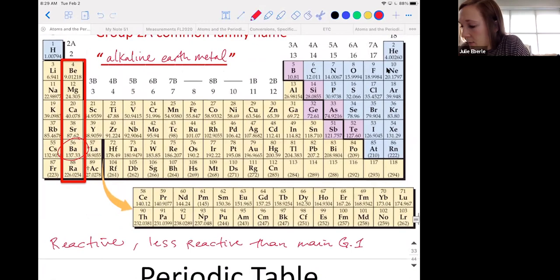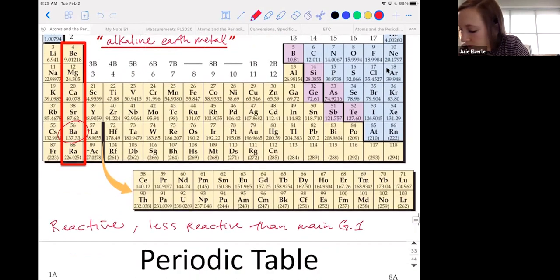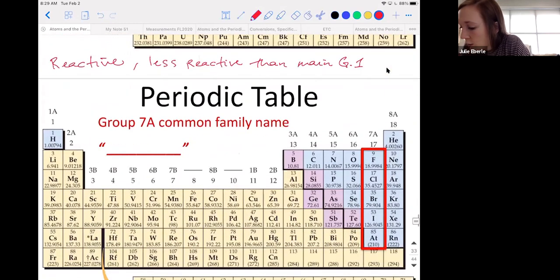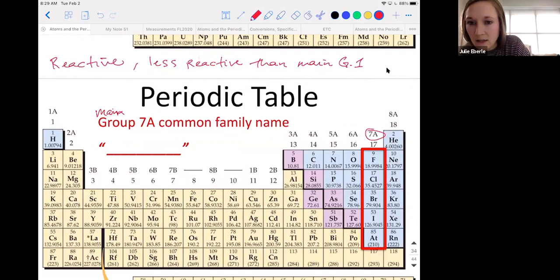All right, and then we're going to skip over to the right side of the periodic table, all the way to main group 7A. Notice it says 7A right here, the A indicating that it is a main group. So the common family name there, anybody know what these elements are called?